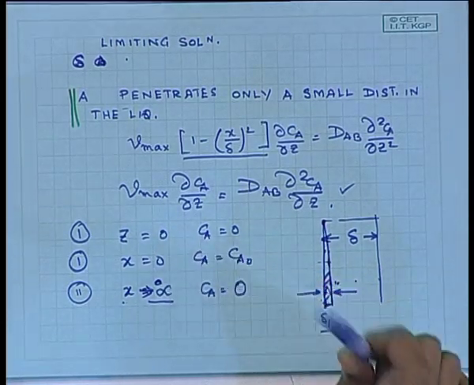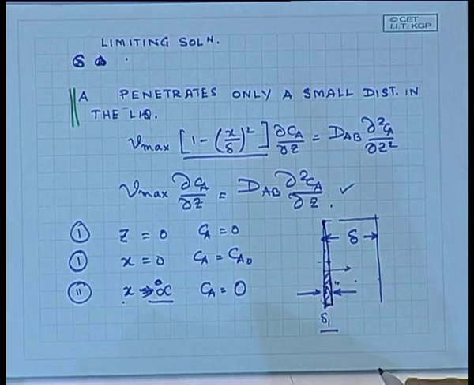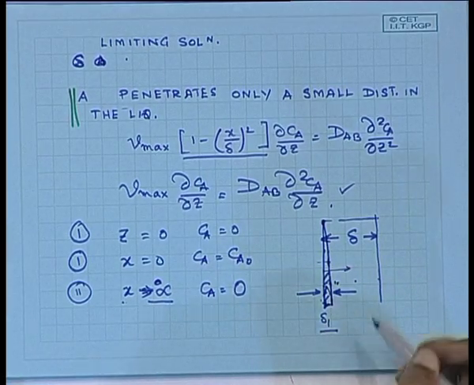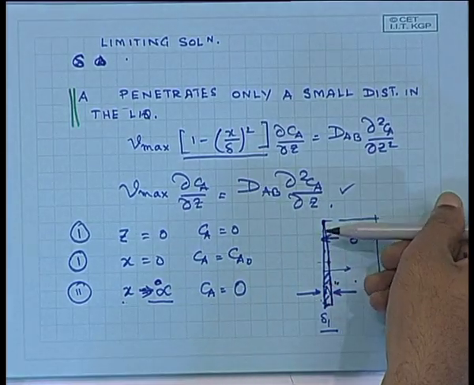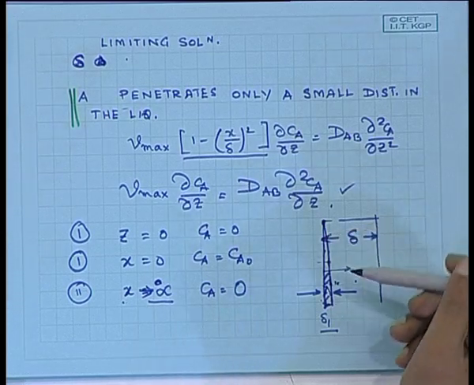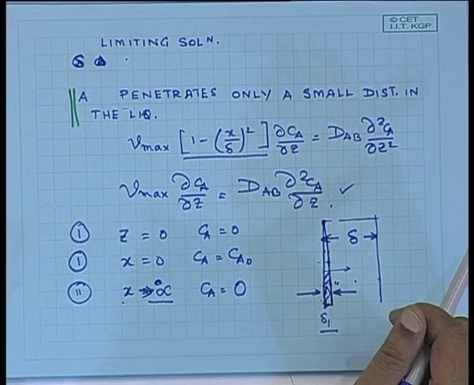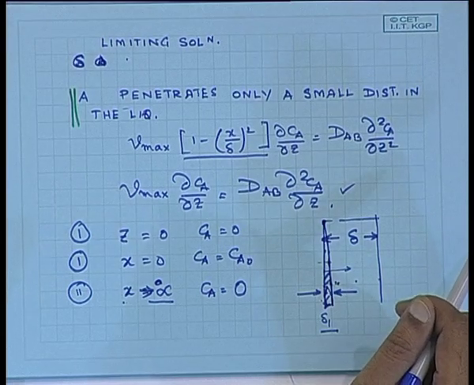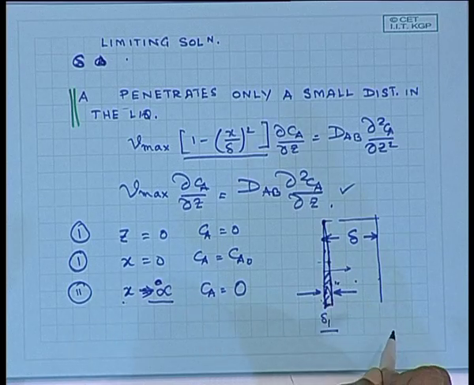One is mass diffusivity, which forces the A molecules to move in this direction. Suppose this liquid is coming down, keeping the gas constant and the diffusivity constant, I change the liquid and make it a highly viscous liquid. What is going to happen to this penetration depth?